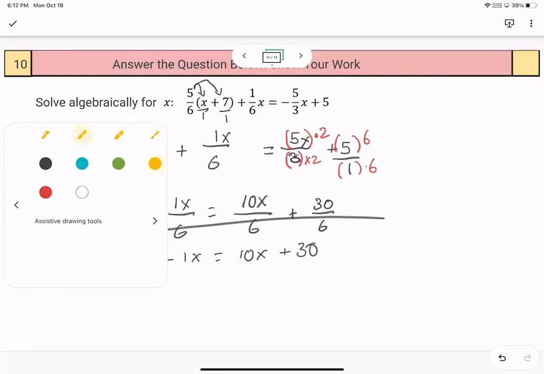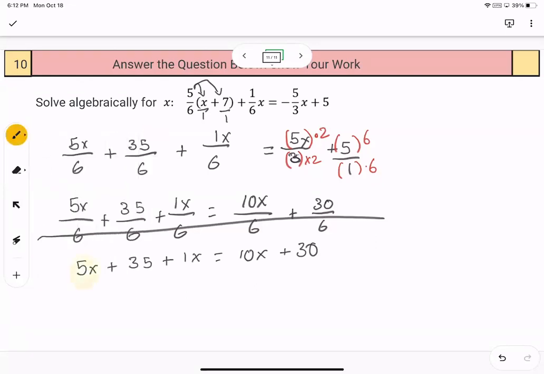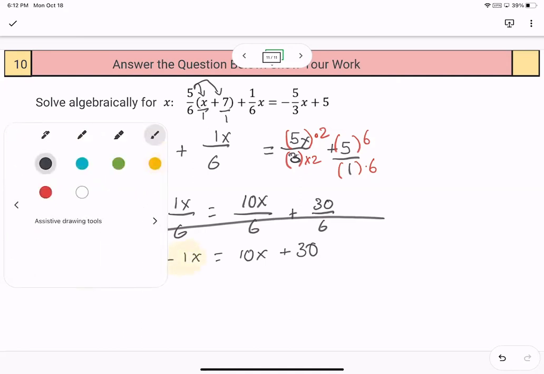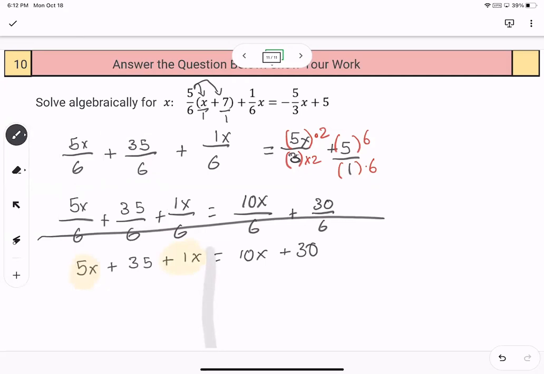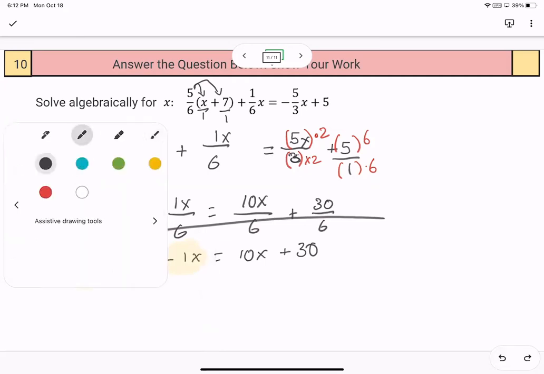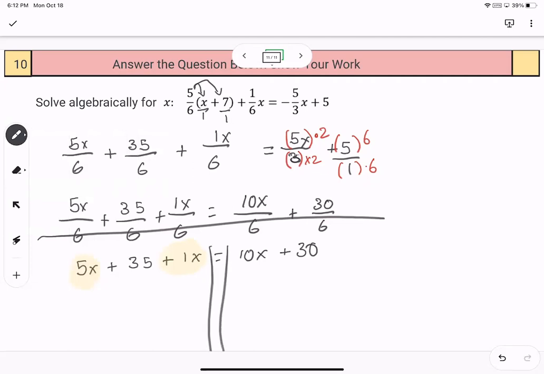Again, combine your like terms. We have 5x on this side and 1x over here. And since that's the only thing on this side of the equation, that's the only thing we can combine so far. So that's 6x plus 35 is equal to 10x plus 30.